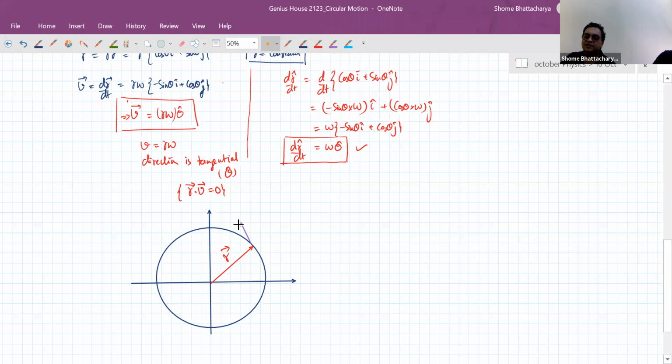If I am applying the condition that my particle should not change its distance from the origin, then this condition must be true, that the approach velocity of the particle P towards the origin should be 0 at all times.